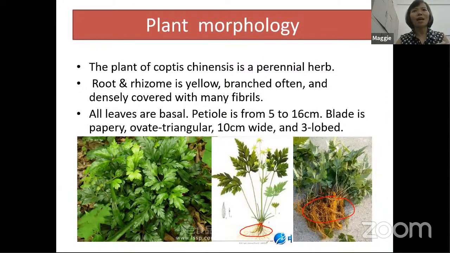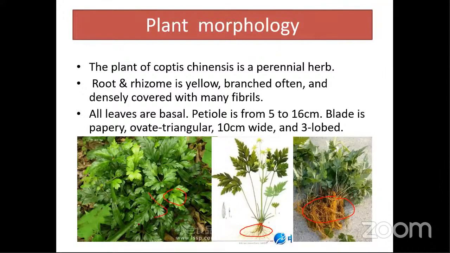All leaves are basal, petiole. So petiole is from 5 to 16 centimeter. Blade, so here blade papery, ovate triangular. So it's the leaf.